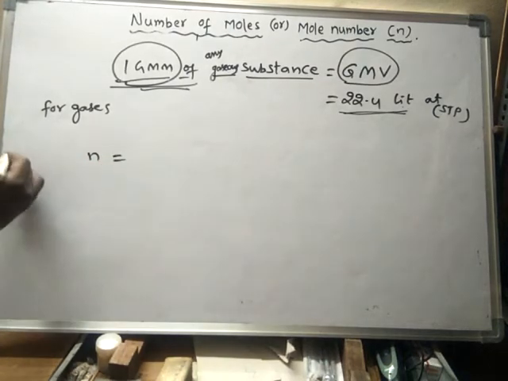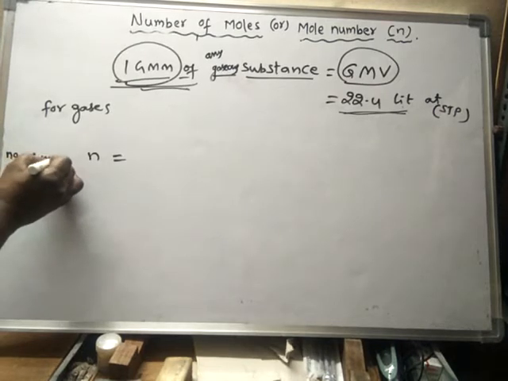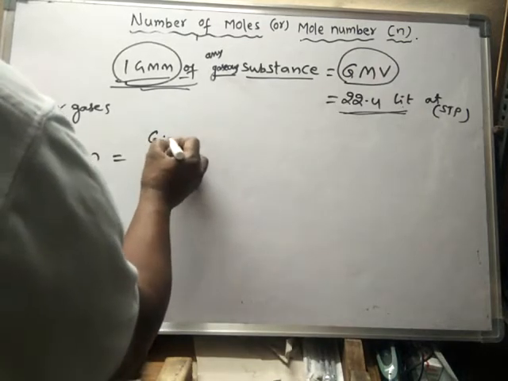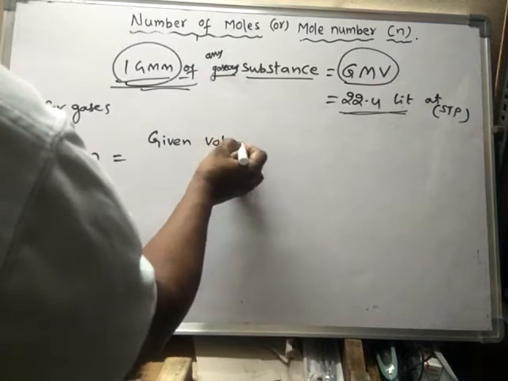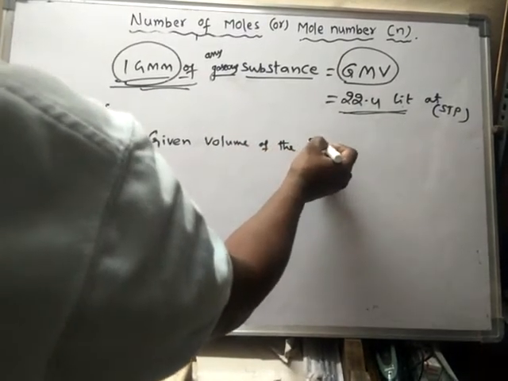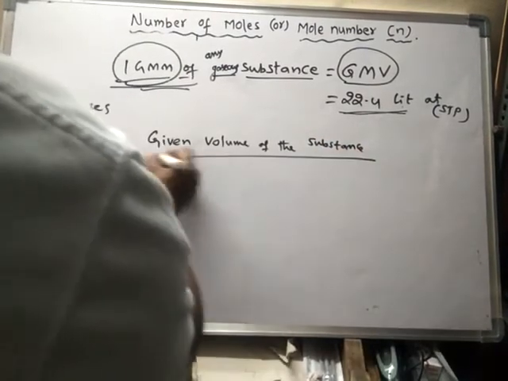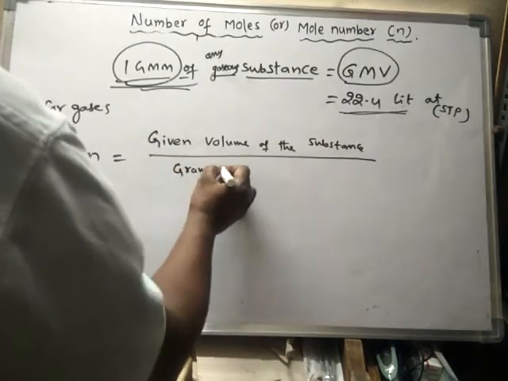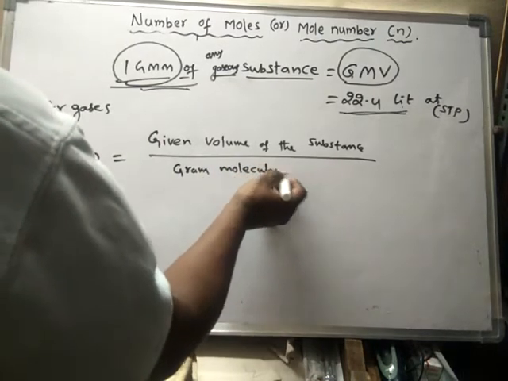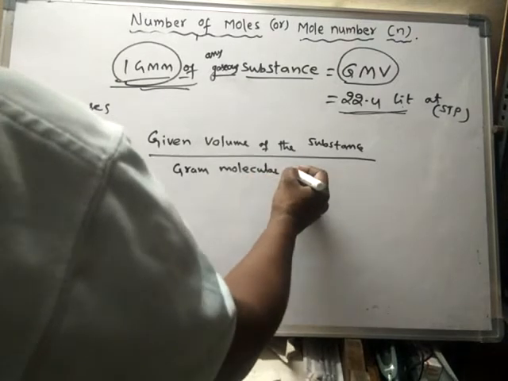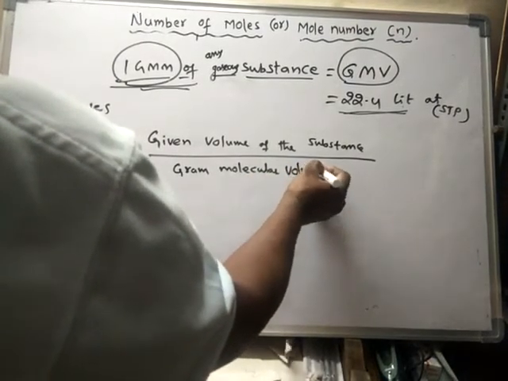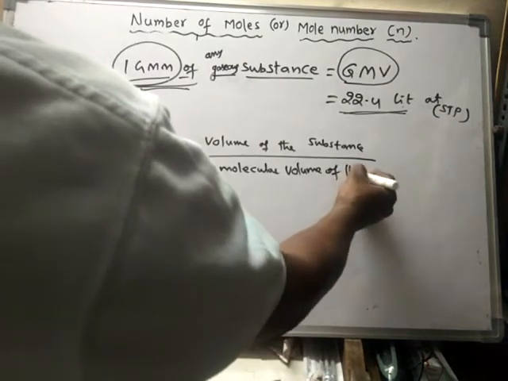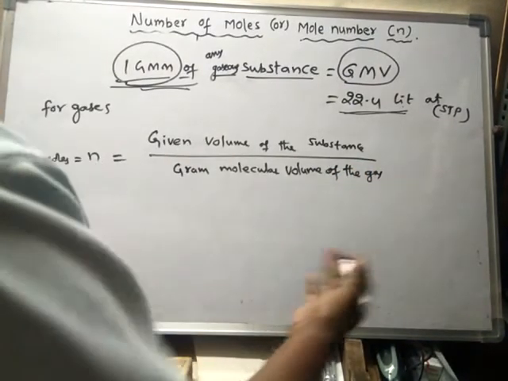So number of moles of a substance is equal to the given volume of the substance at STP by the gram molecular volume of the gas, at that given condition.